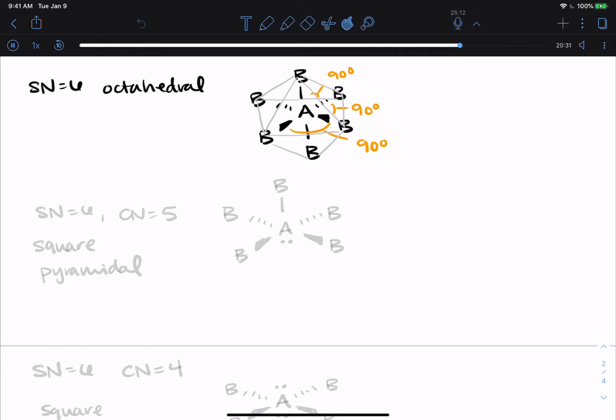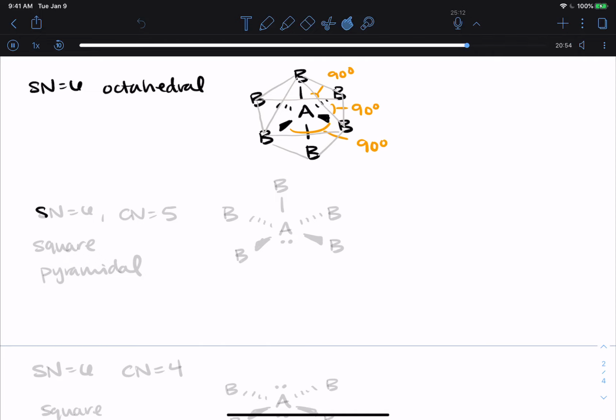I end up with a shape that has 8 faces. So the faces of the molecule, there are 8 of them, which is why we call it octahedral, but it has 6 things attached in our steric number. Okay. Steric number 6, coordination number 6, octahedral.